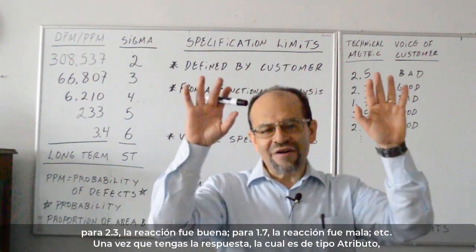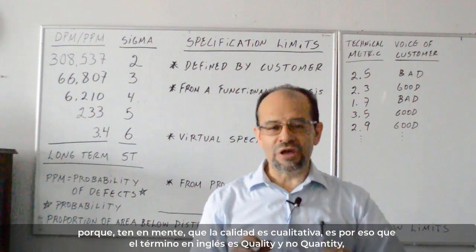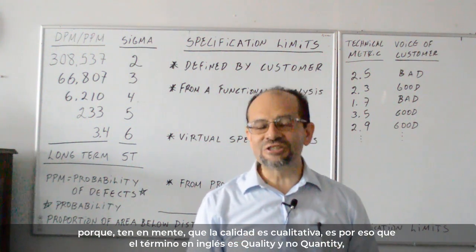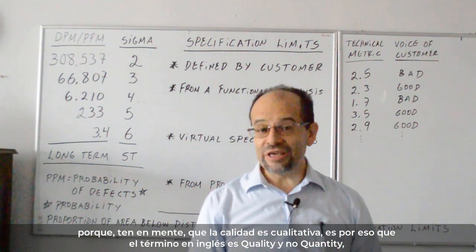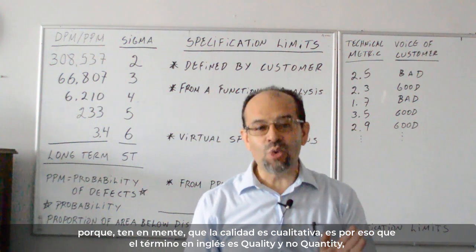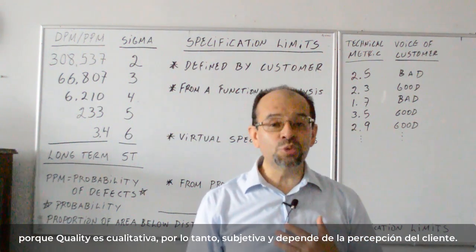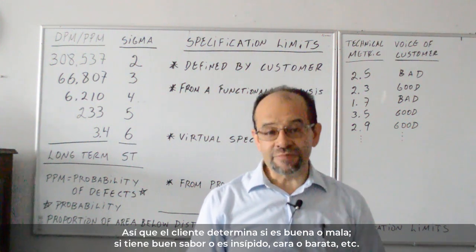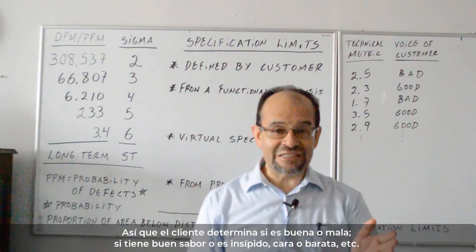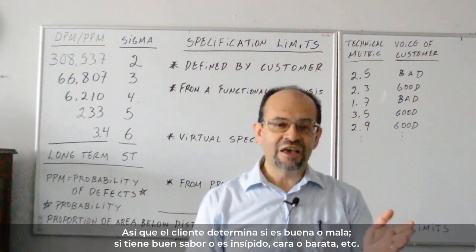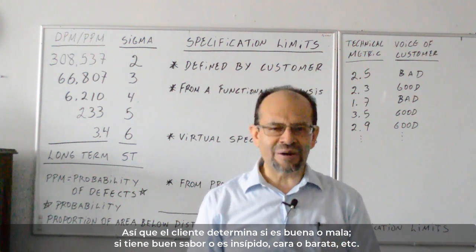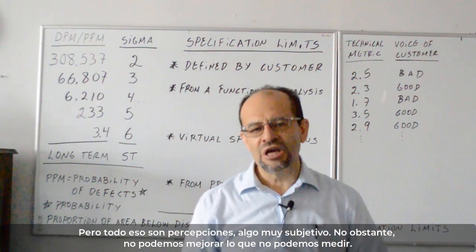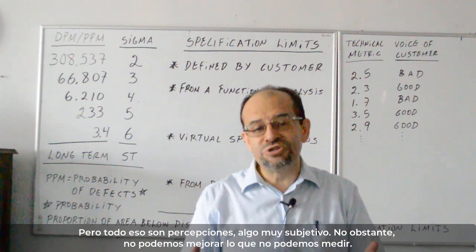Once you have the values, which are attribute data, keep in mind that quality is qualitative. That's why the name is quality and not quantity: it's subjective, it depends on the customer. The customer determines it is good, bad, tasty, tasteless, expensive, cheap, etc. But all of that is perception, just reaction, and very subjective.